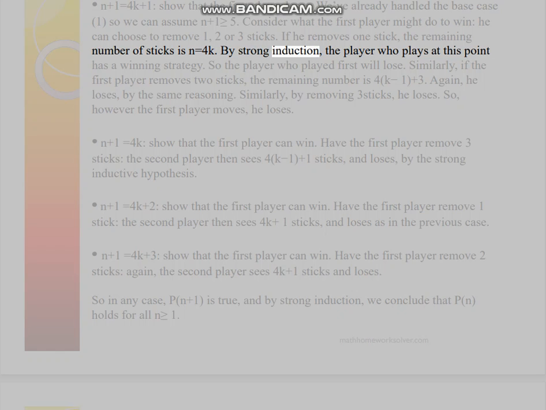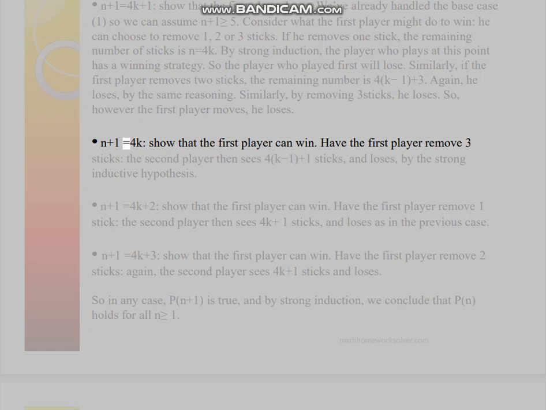By strong induction, the player who plays at this point has a winning strategy. So the player who played first will lose. Similarly, if the first player removes 2 sticks, the remaining number is 4(k minus 1) plus 3. Again, he loses, by the same reasoning. Similarly, by removing 3 sticks, he loses. So, however the first player moves, he loses.